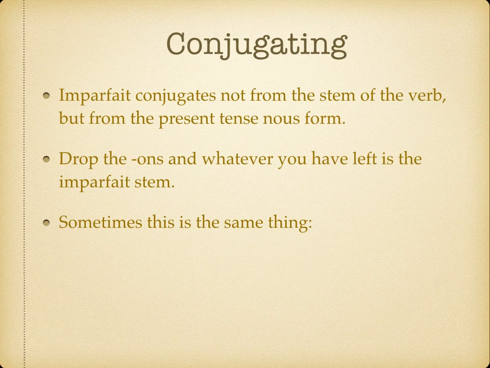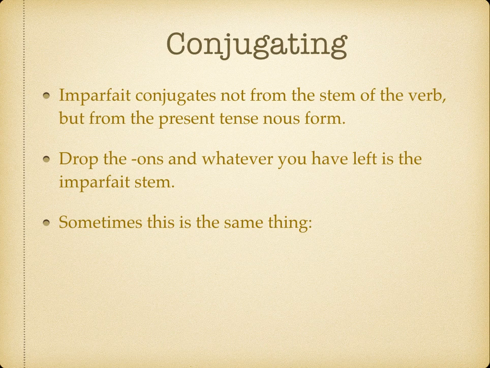All right, when we conjugate, we're going to just look at the stems today because the imparfait conjugation is completely different than the conjugations we've seen before. Primarily because in the imparfait, we don't really care about the infinitive.